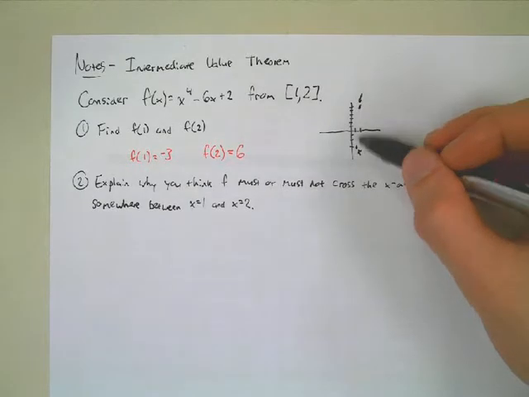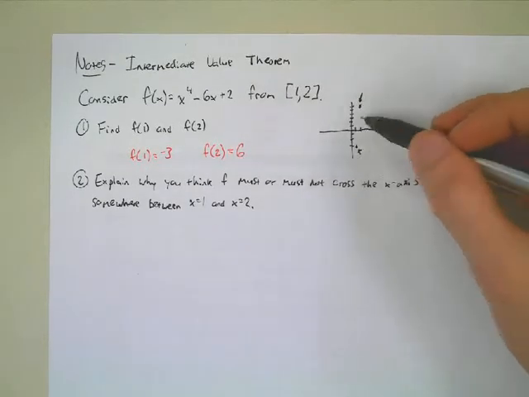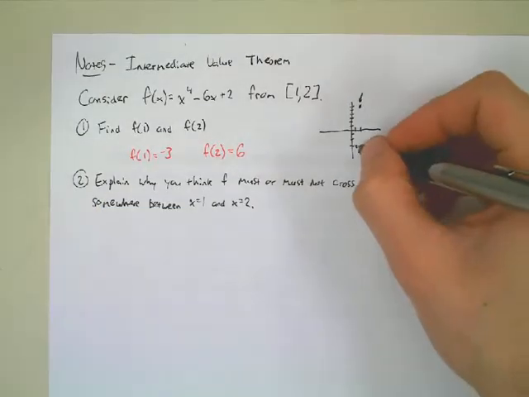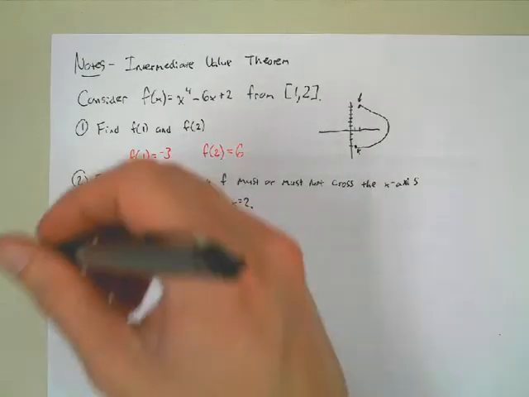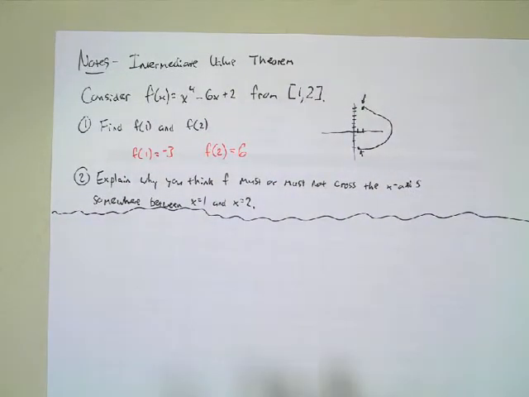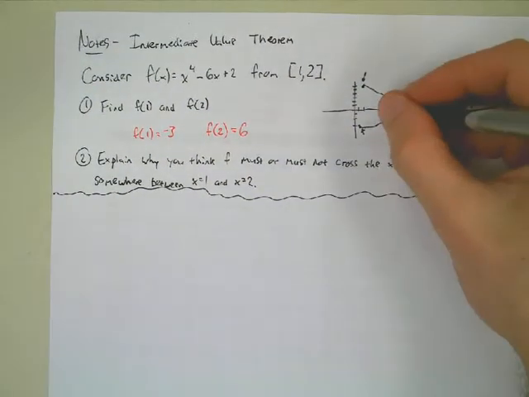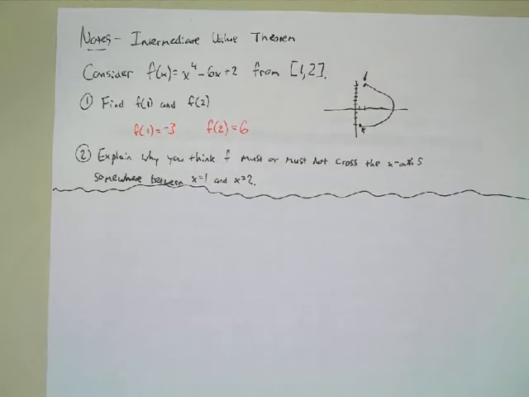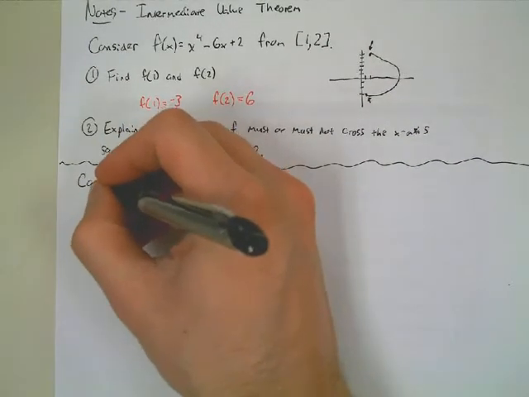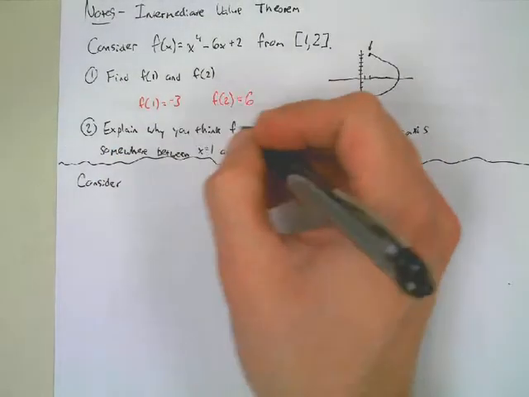So it looks like it's got to go through the x-axis. Right, go around it. And you did. So, touche. That's obviously still going through the x-axis there. Great, good job. So we see there that because we're going from negative to positive, we have to go through the x-axis.